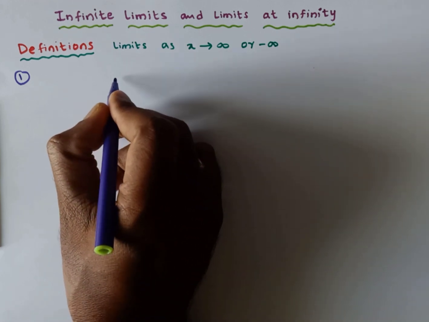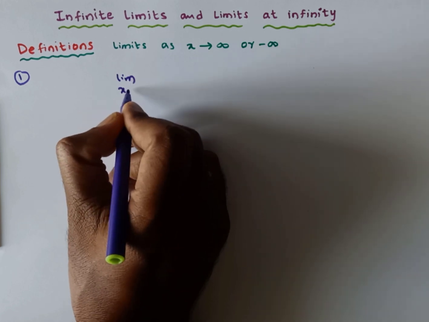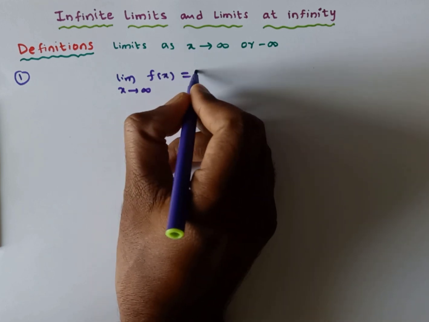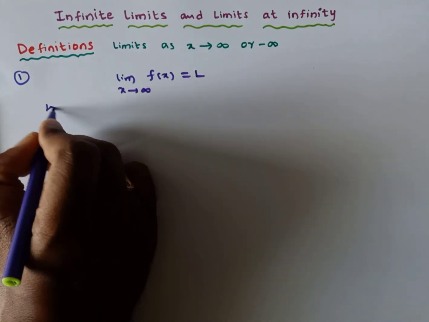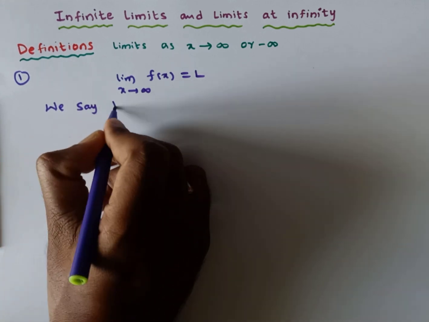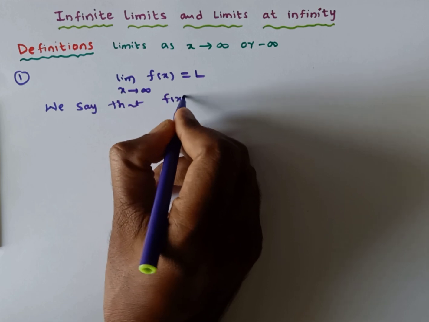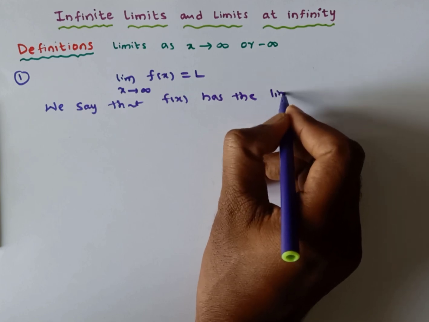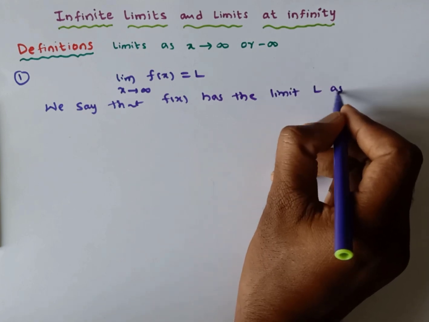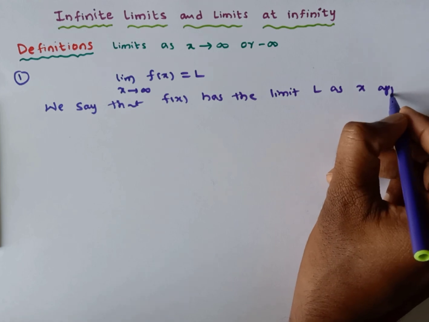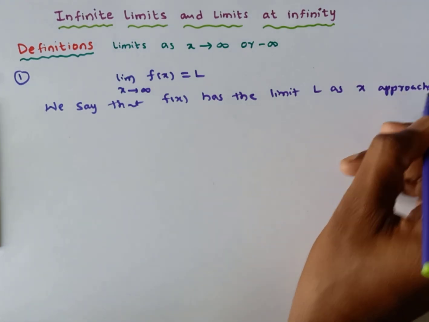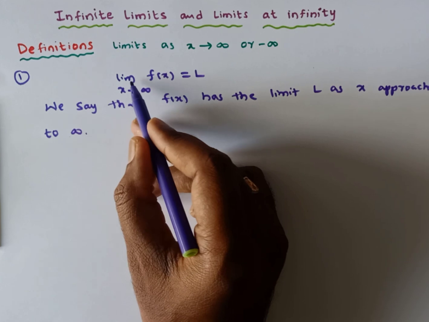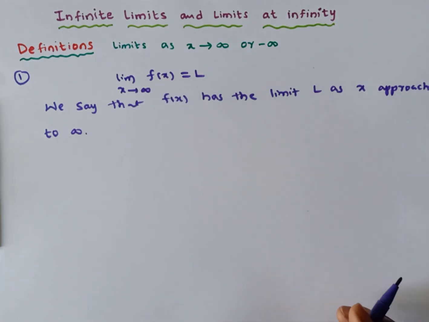So that means we can express it informally as: as x approaches infinity, f of x is L. So here in words we say that f of x has the limit L as x approaches infinity. Informally, limit as x tends to infinity of f of x is equal to L.